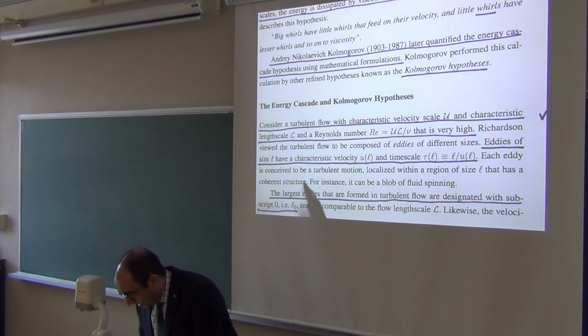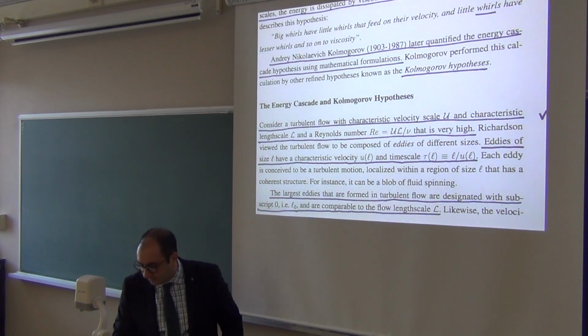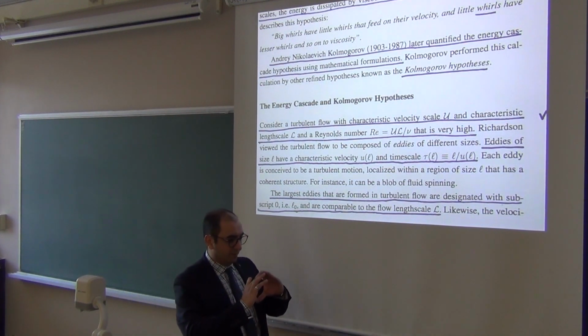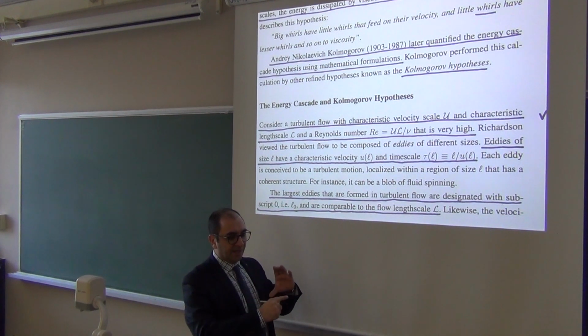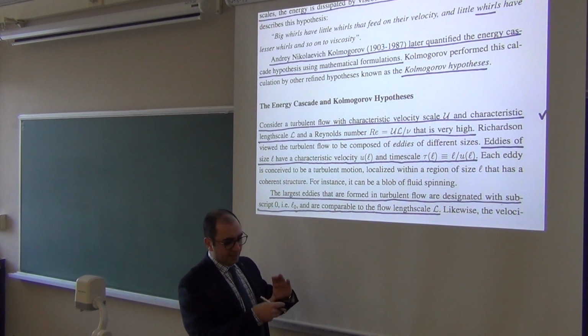And I'm also saying that this L naught is comparable to the length scale of the flow. Let's say if you had a pipe, the length scale of the pipe is the diameter. If an eddy formed in that pipe, L naught is not much smaller than the size of the pipe itself.